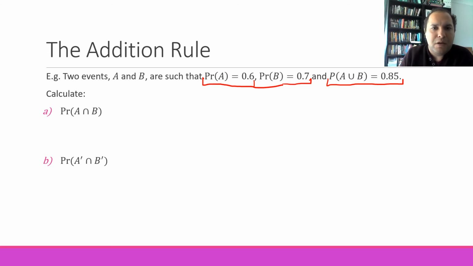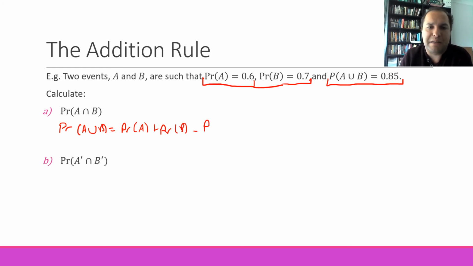So to do that, we can just use our addition formula for probability. So probability of A or B happening is equal to the probability of A plus the probability of B happening, subtract the probability of A and B happening. Again, we're subtracting to make sure we don't count that intersection twice in each of those probabilities, each of A and B.